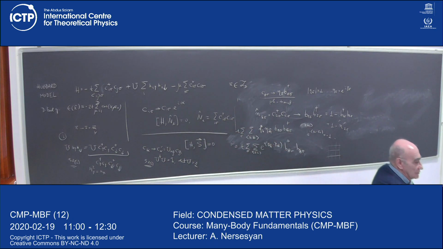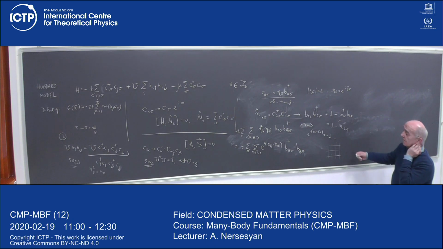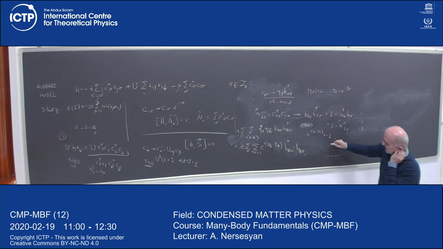But for a bipartite lattice, which is divisible into sublattices, like a hypercubic lattice, this is possible. Say for a square lattice, I can distinguish between the A sublattice and the B sublattice. For instance, here I have A, here I have B, A, B, and so forth.